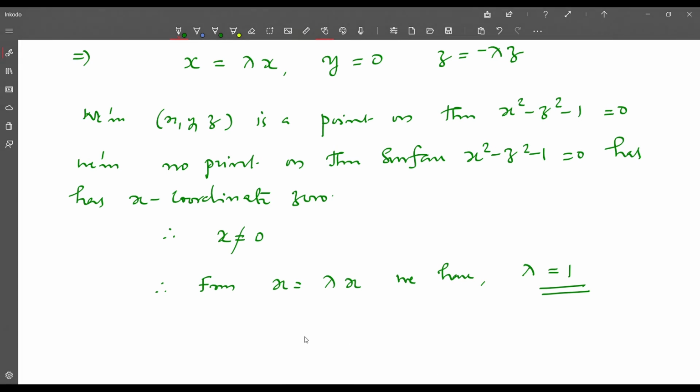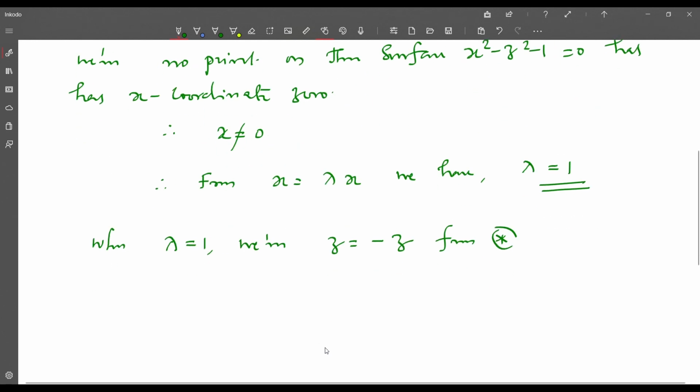And when lambda equal to 1, we have z equal to minus z from this equation, from star. So this happens only if z is 0.